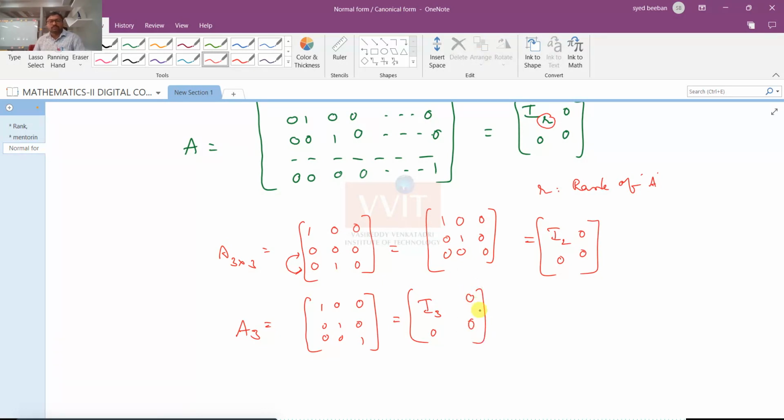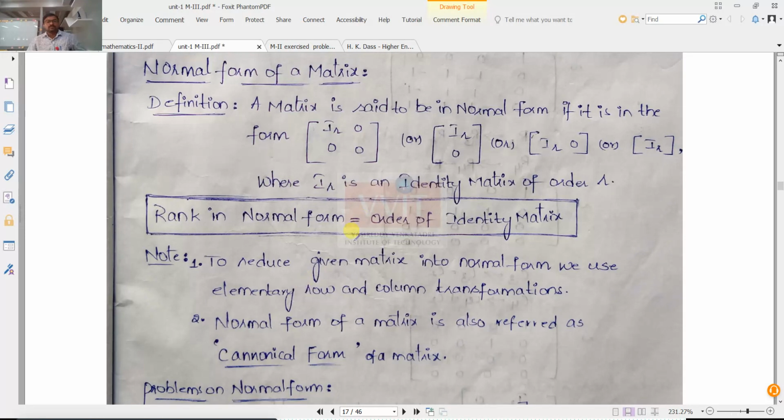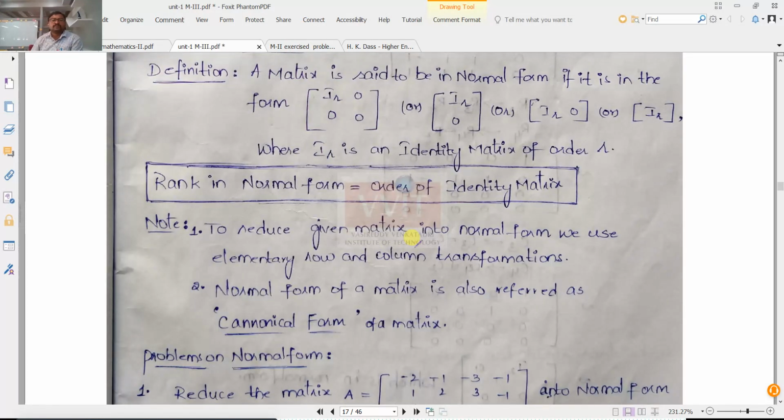Now let us see a problem on this. Now say this here, the normal form definition. Normal form is said to be Ir 0 0 0, or even in the column format or row format we may simply write Ir also.